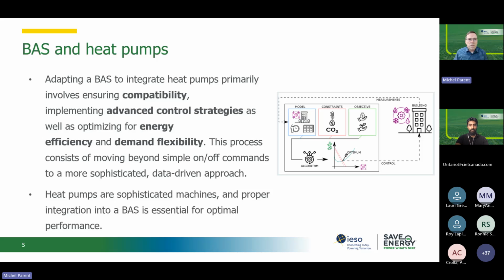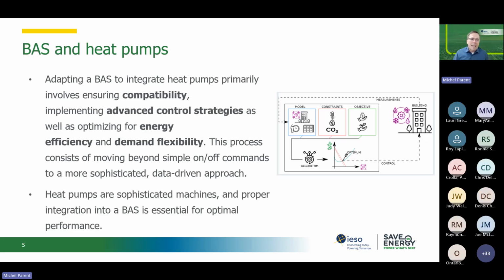So BAS and heat pumps. Obviously, if you want to get the most of your BAS, you need to integrate the heat pumps into that BAS. And it seems almost a normal thing to consider, but I've seen many installations where the heat pumps were not integrated in the BAS due very often to compatibility issues.